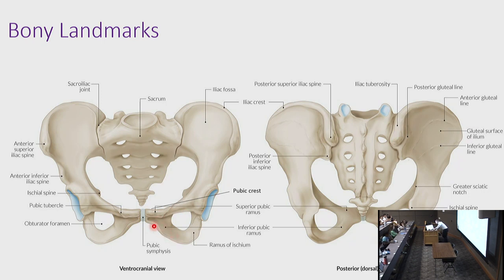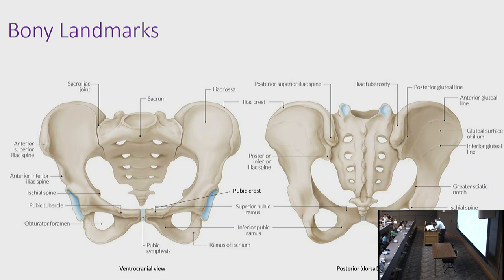What is this arch right here? Maybe the pubic arch. That sounds good. And then what about these big holes? As it's labeled, the obturator foramen. That's important because we're going to have our obturator membrane and our obturator canal, with different things coming through here, like the obturator nerve and artery. We'll look at that in just a minute.